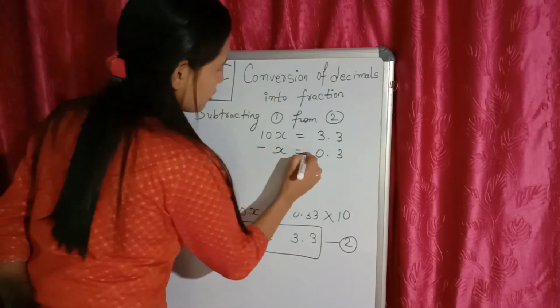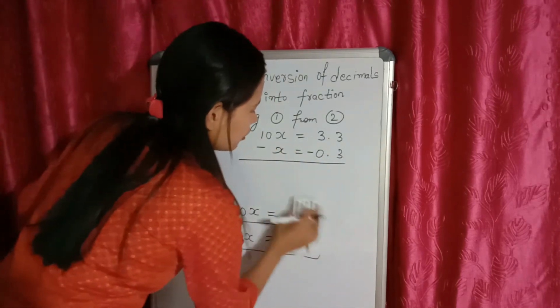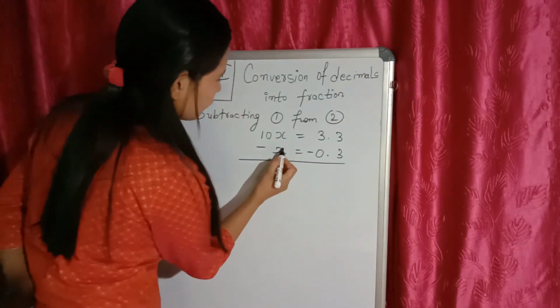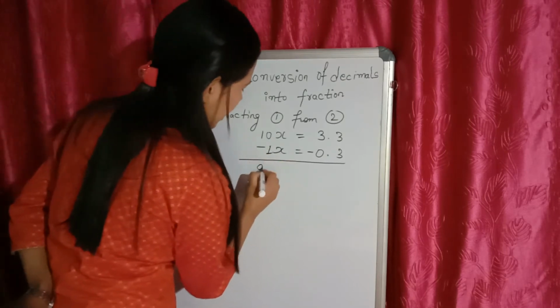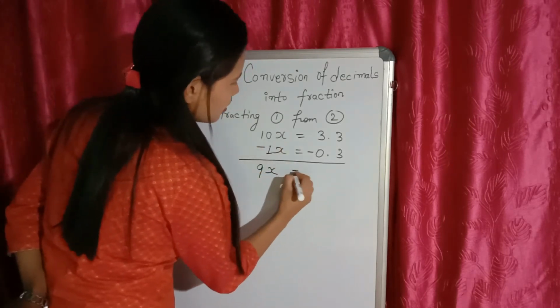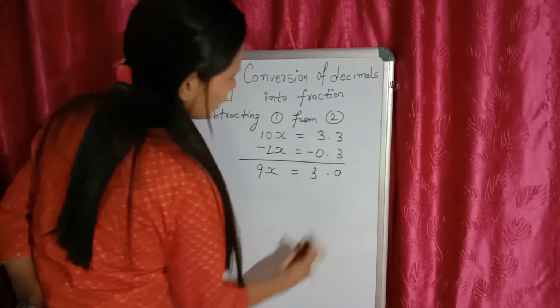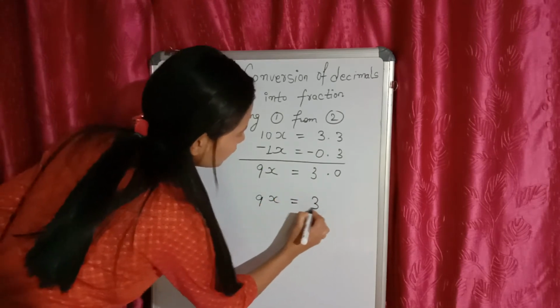We are subtracting, so we put a minus sign. In front of this x we have a coefficient 1. So 10 minus 1 is 9, x remains. 3 minus 3 is 0. 3 minus 0, that is 3. So this gives us 9x equals 3.